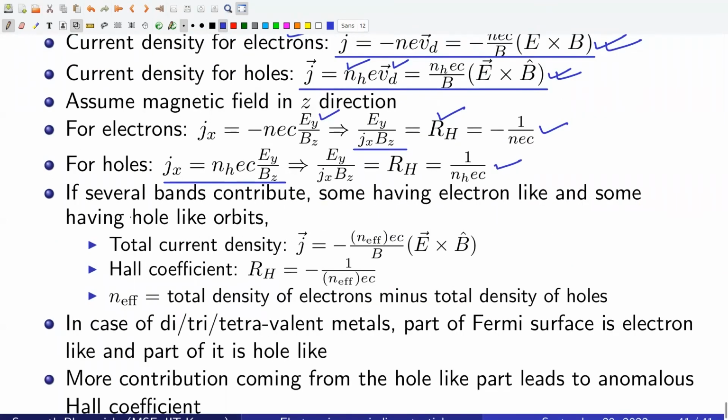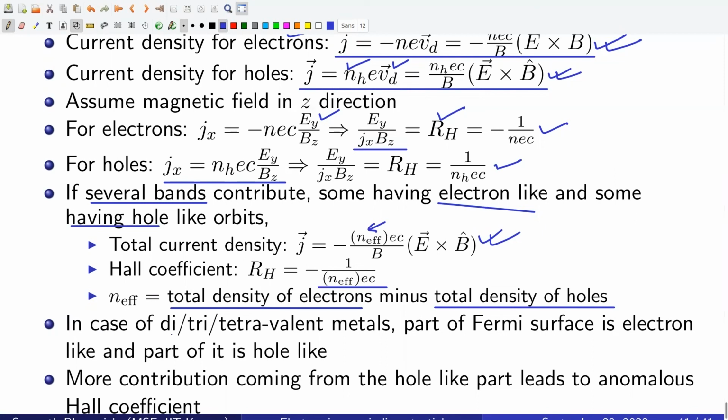Now, if several bands contribute to the current, some having electron-like and some having hole-like orbits, then the total current density is given by this equation, where N effective is the total density of electrons minus the total density of holes, and the Hall coefficient is given by RH equal to minus 1 divided by N effective times e times c.